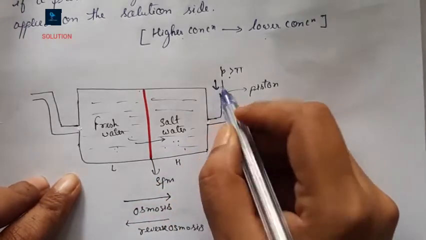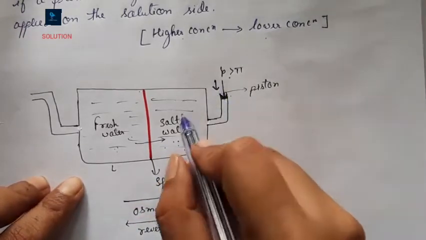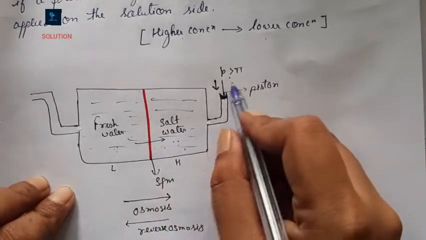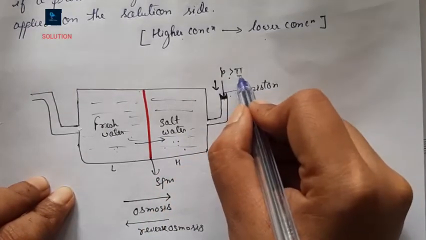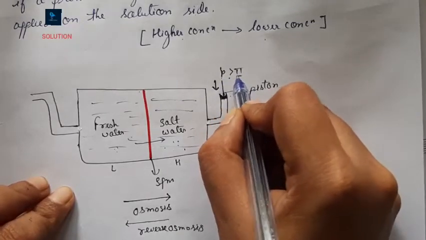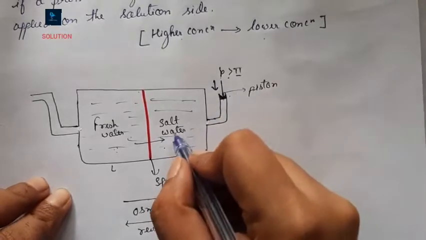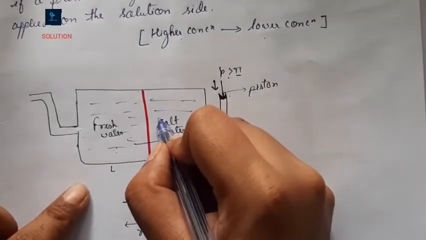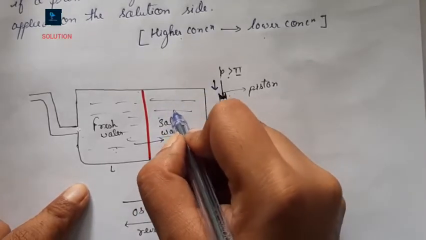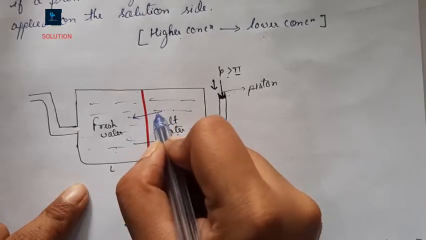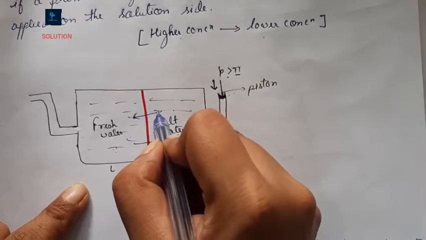When we apply a pressure which is larger than the osmotic pressure, then what happens? It is reverse osmosis. It means the salt water flows to the fresh water through the semi-permeable membrane.